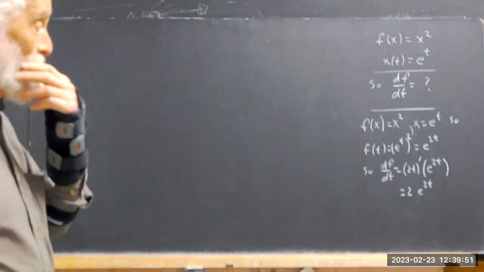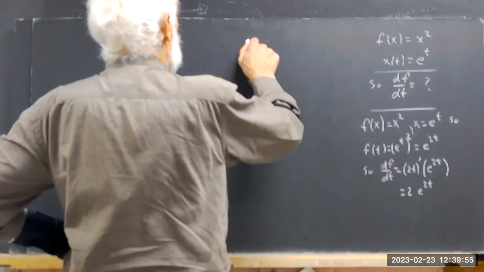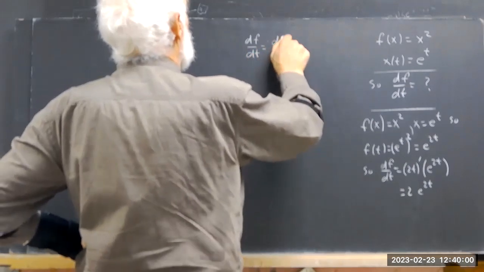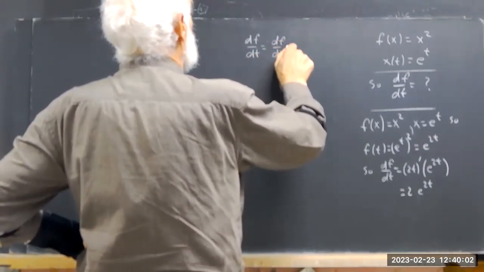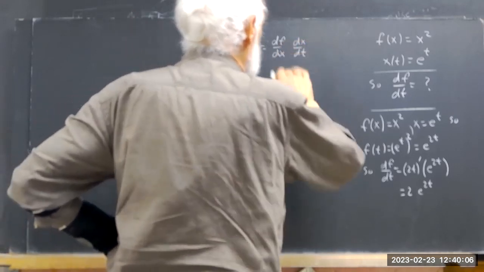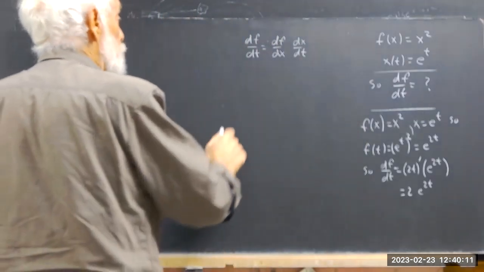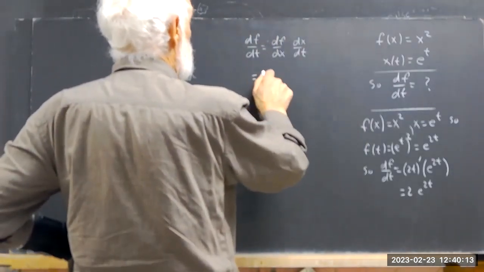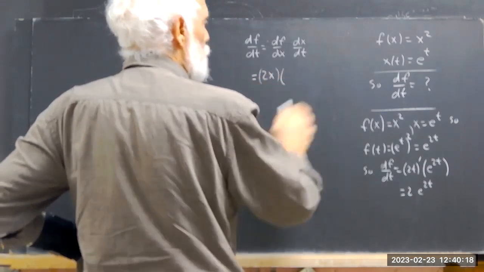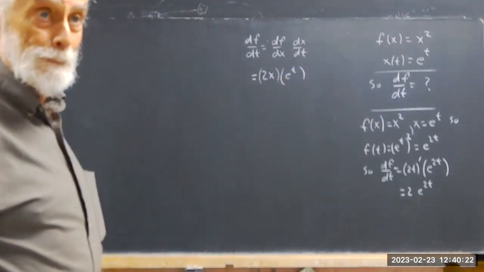Okay. Now the other form of the chain rule, of course, is df dx times dx dt. So what's df dx? And what's dx dt? e to the t, right?